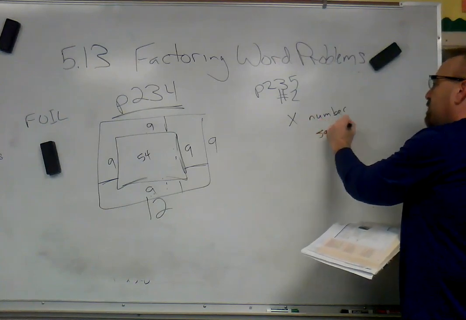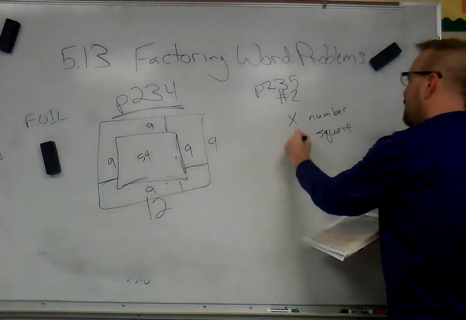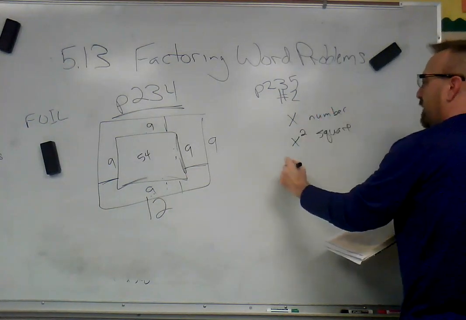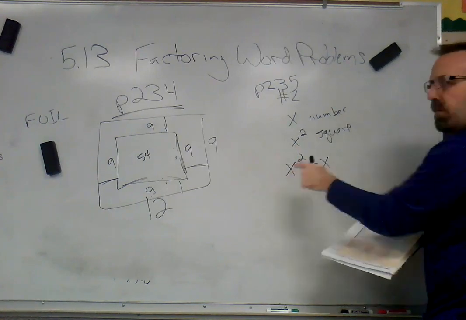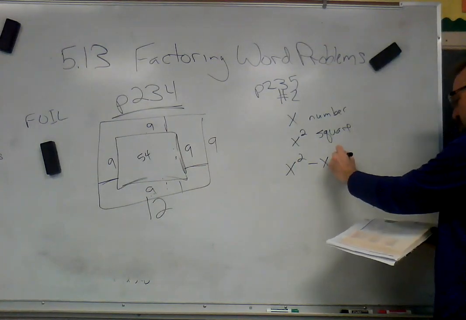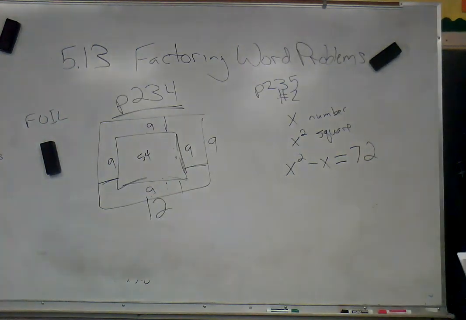What would its square be if it was x? X squared. So we need to have a number subtracted from its square. The result, meaning equals 72. This one's going to be easier than the last one.